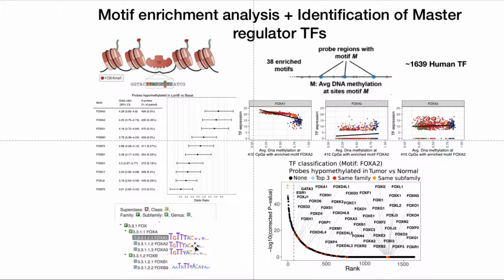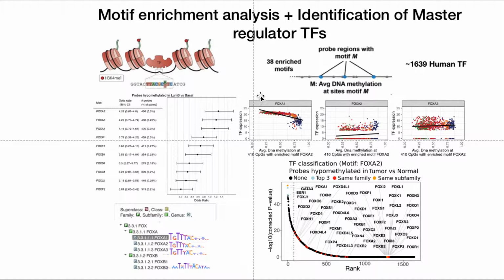The way we do that is we get all those regions that have the signatures for FOXA1, FOXA2, and FOXA3, and we get the average demethylation of those groups. We get all regions, take the mean, and then we compare the expression of all human transcription factors versus the mean methylation. Here's an example with the three transcription factors, FOXA1, FOXA2, and FOXA3.